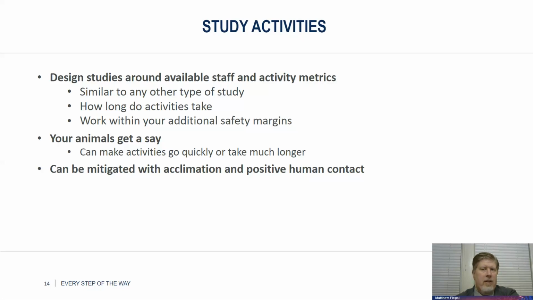And so everything takes longer, and the more tightly scheduled your activities are, the more stressed the people. And unfortunately, the more stressed the people, the more the animals pick up on that, the more stressed they become, which makes things take even longer. And you can get into a really nasty feedback loop that way. So your margins are going to be longer.